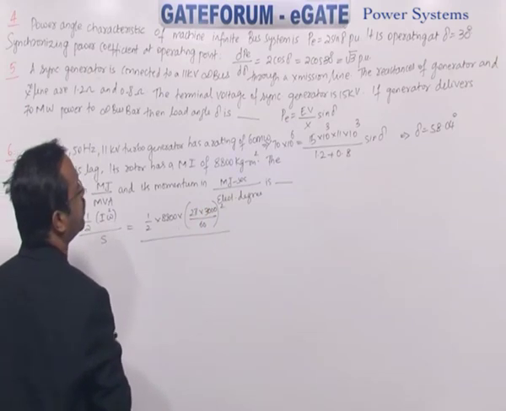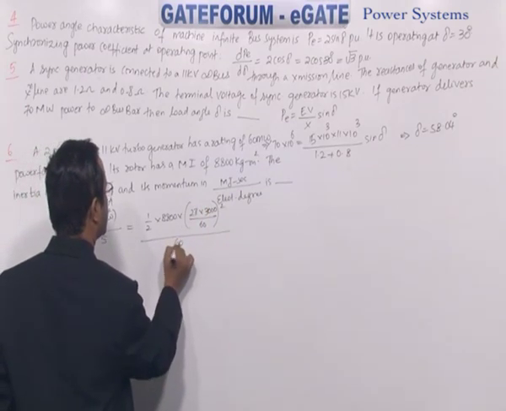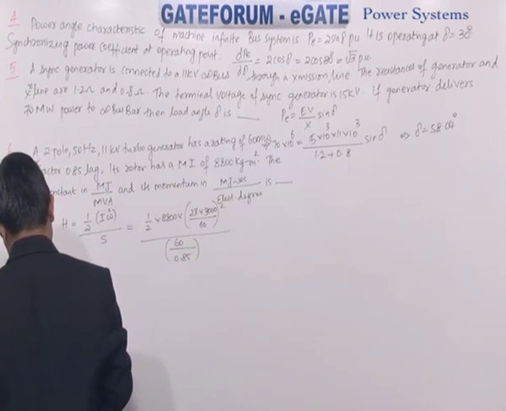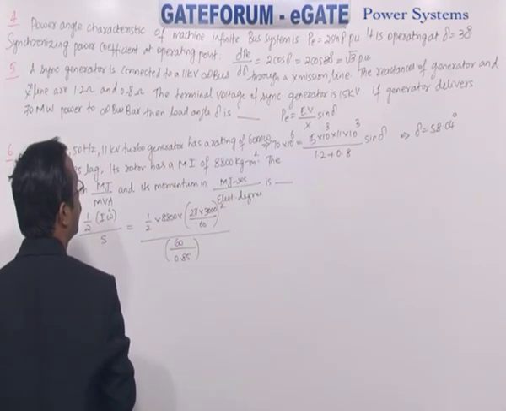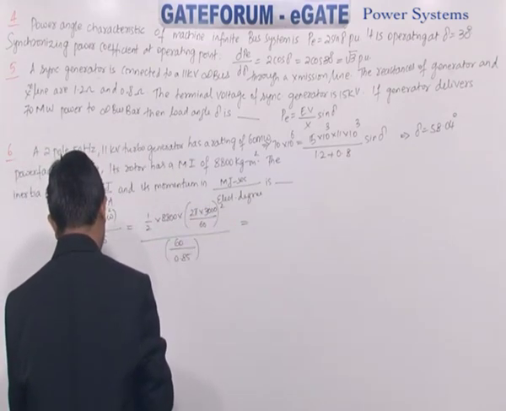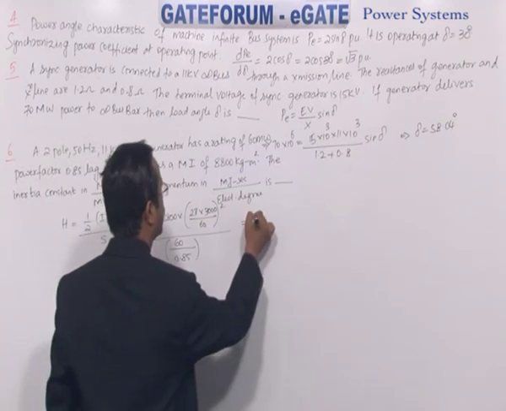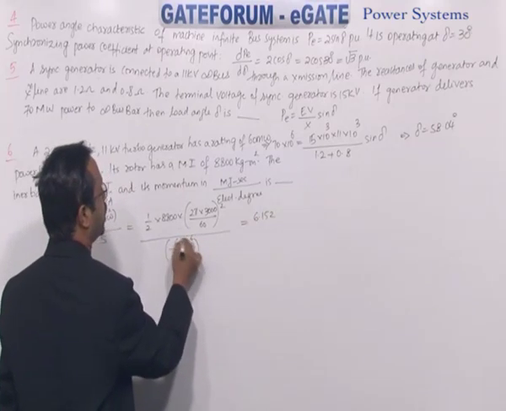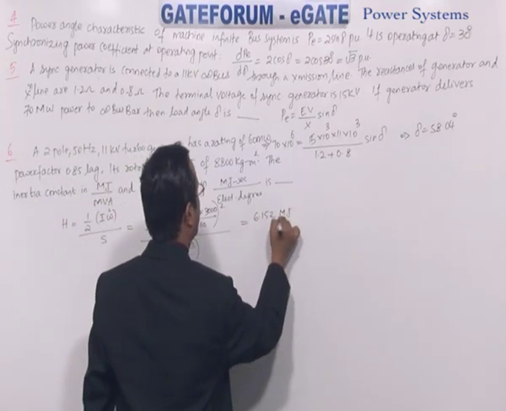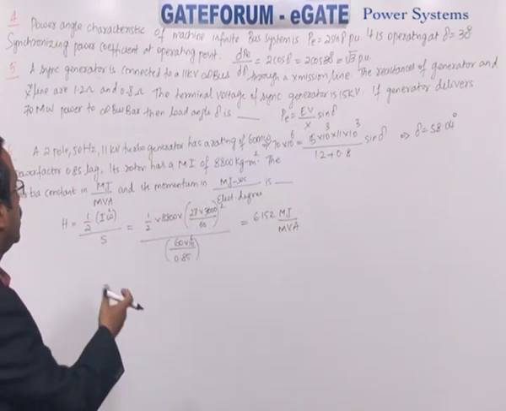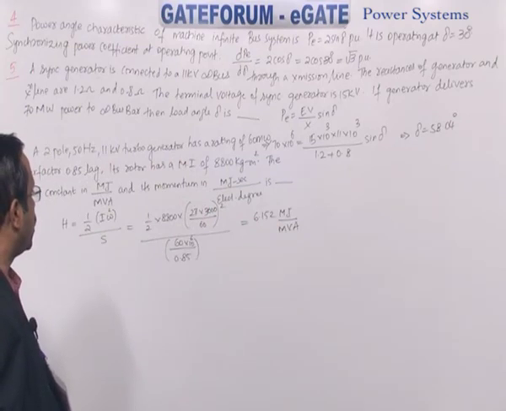What is the MVA rating? 60 megawatts, and MVA rating means you divide with the power factor. So multiply this total and verify. You get the answer 6.152 megajoules per MVA.